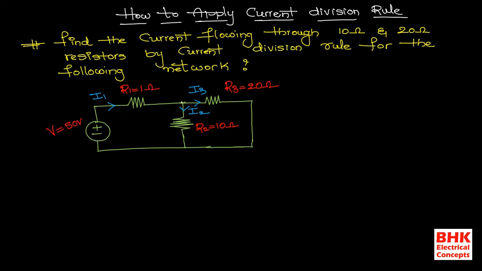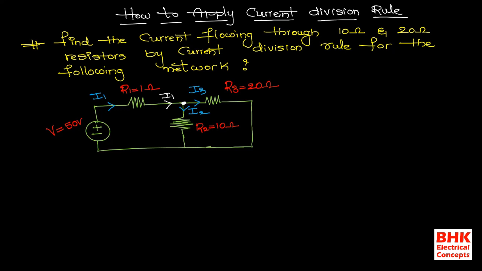Okay, so just see this example, this network. In this network, for example, we are assuming this is the node point. At this node point, I1 is the incoming current, and I2, I3 are the outgoing currents from this junction point. It means the current flowing through R2 and the current flowing through R3 are the currents which are divided from the total current available at this junction point.